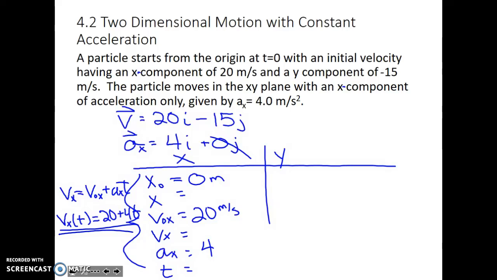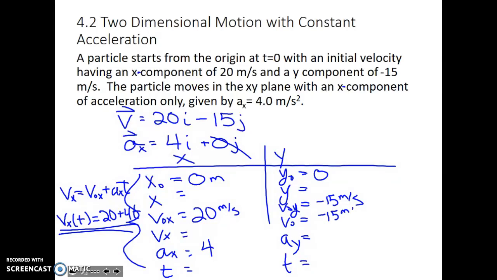On the y side, I can fill in the same stuff: V0y, acceleration in the y, and our time. Initial position is here, initial velocity is negative 15. It's constant, so my final velocity is the same.